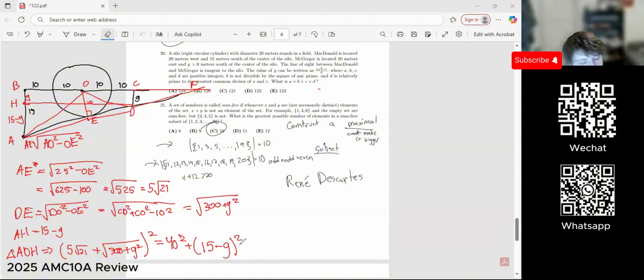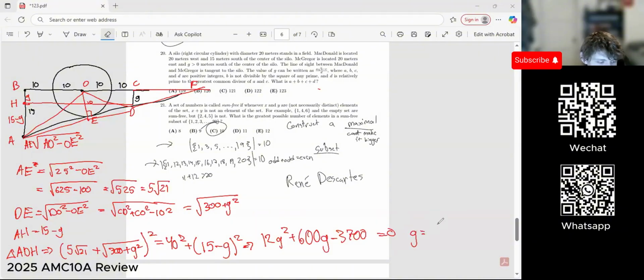Now, I have already done a lot of algebra rearranging equations like this into a quadratic, so I am going to skip some algebra, and we get 12G squared plus 600G minus 3,700 is equal to 0.